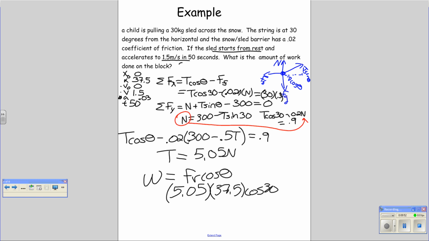Cosine of 30. 164 joules. That's the work done on the box. Now we could also look at the work done by friction to find the total overall, because you'd subtract the two, because friction would be in the opposite direction, but we don't need to do that.